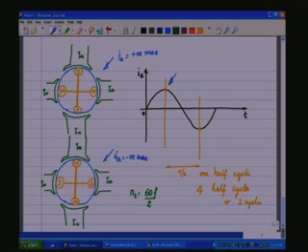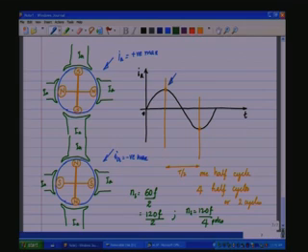Now if you want to express it in terms of number of poles rather than pole pairs, then you have to multiply this and this by 2, which means you are talking of 120 f by 2 poles in the earlier case, and then in the case of this 4 pole machine, you have Ns equal to 120 f by 4 poles per phase, and so on.